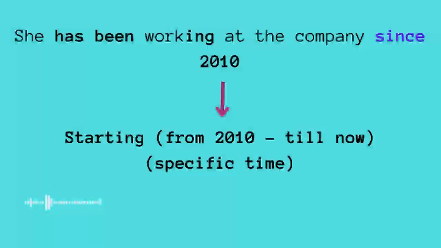Why? Because of the ing form. This is number one. Number two, we are using since 2010. So that means starting from 2010 till the moment, the situation is still continuing. She has been working at the company since 2010. Alright, now let's have a look at for.